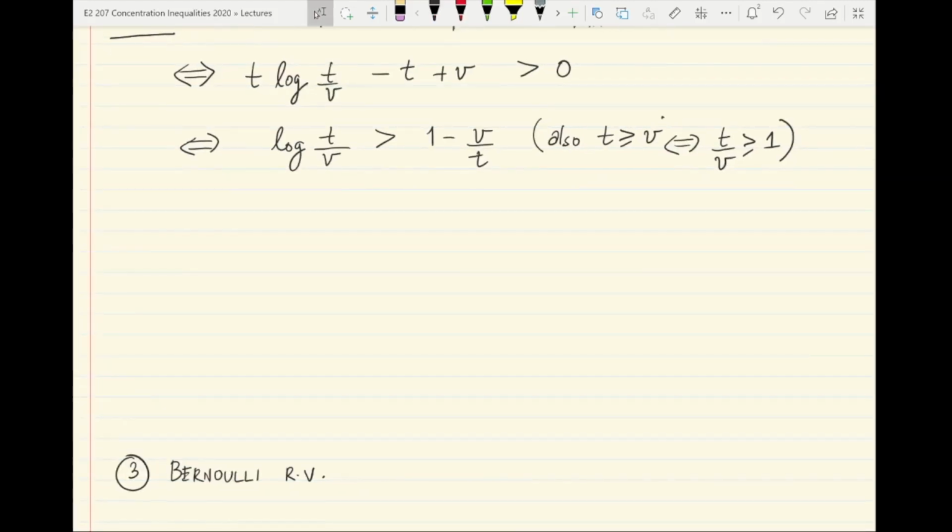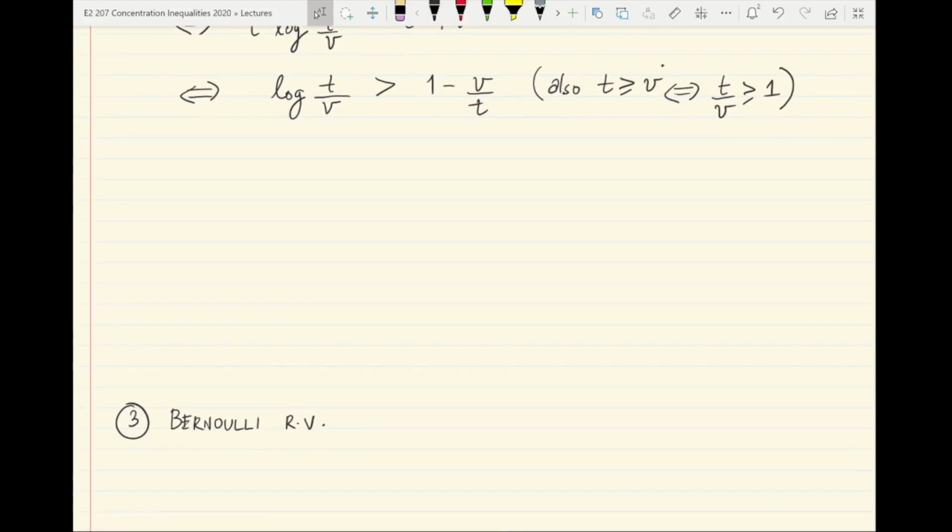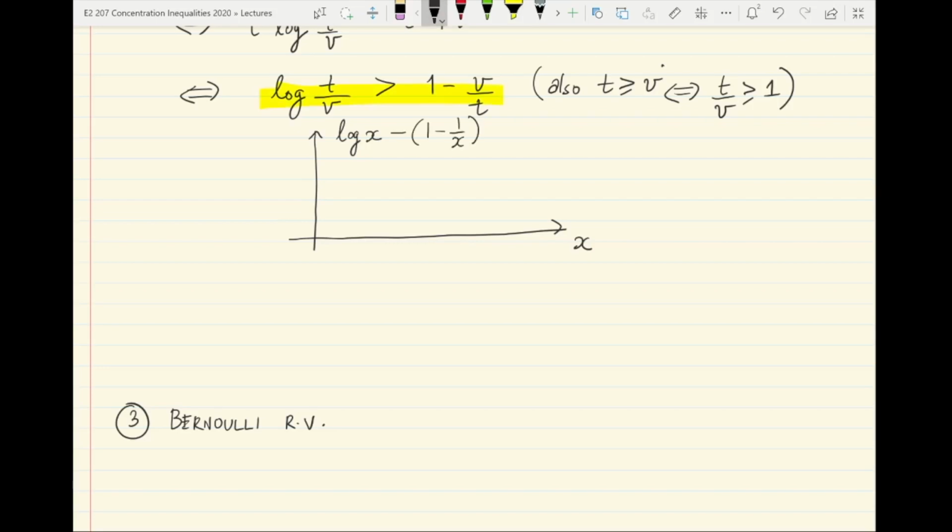So let's think of t over v as some number x, this ratio x. Let's try to plot on the x axis the quantity x. On the y axis, we will plot the difference between the left and right hand sides of this expression, so log x minus 1 minus 1 by x.